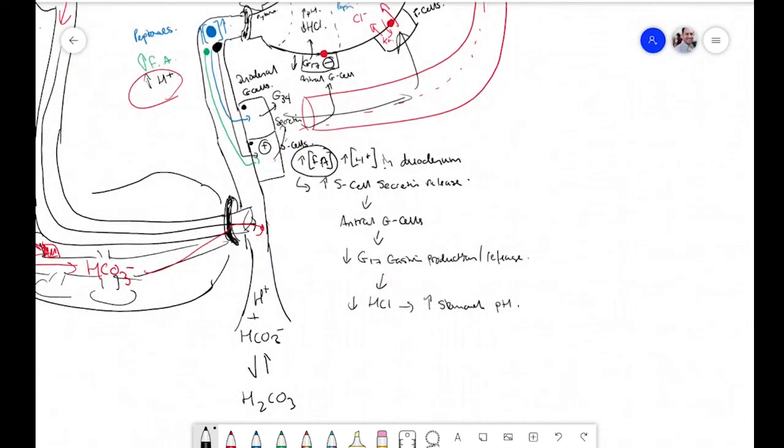So, fatty acids. We've done. Now let's look at protons.